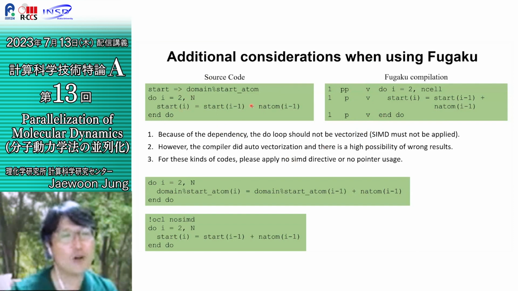And in my case, in GENESIS, one way I avoided this was to not use this pointer and just write it directly. Or on Fugaku, I used the no SIMD directive. You can also consider these kinds of things.